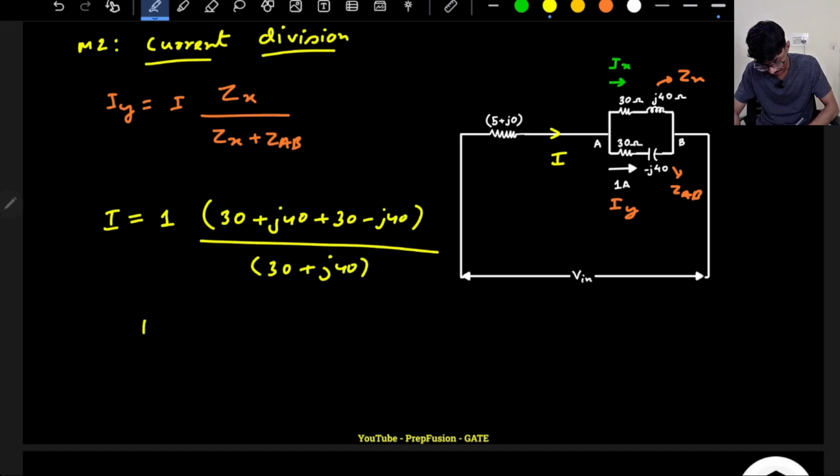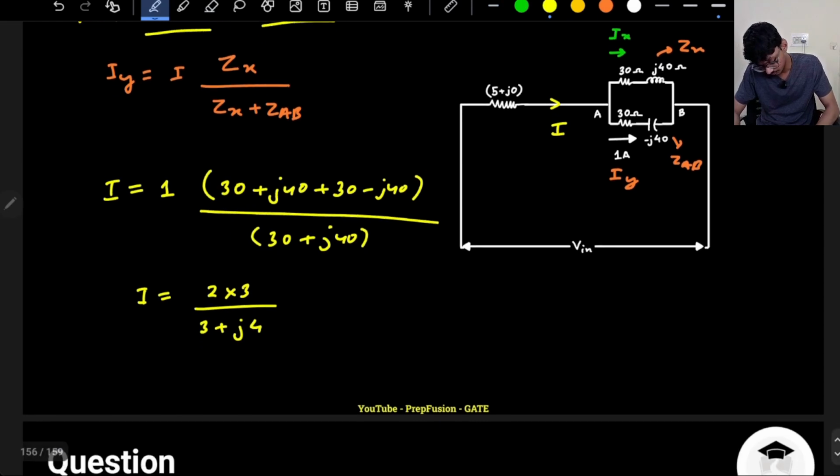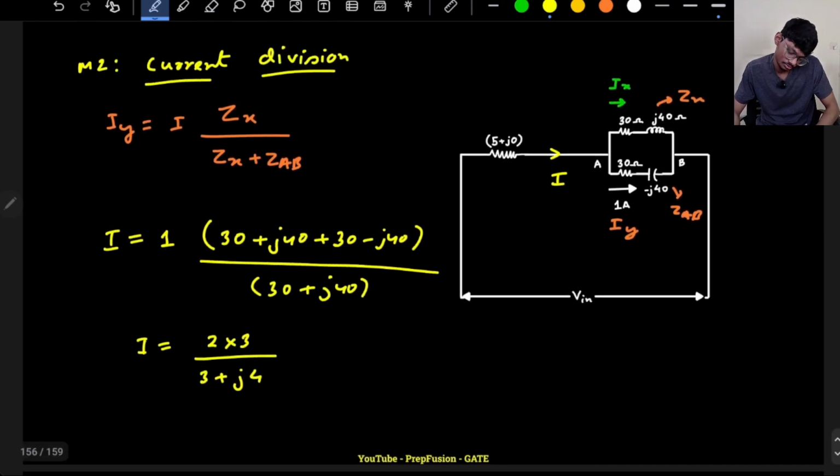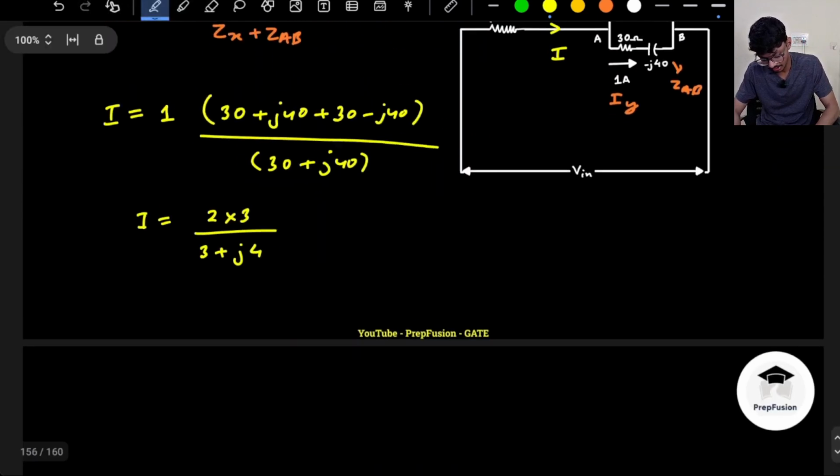So my I comes out to be, if I just divide, 2 into 3 divided by 3 plus J4, because I am dividing by 10 on both sides. This will be 2 into 3. Now what else you can do is, R is 5, right?